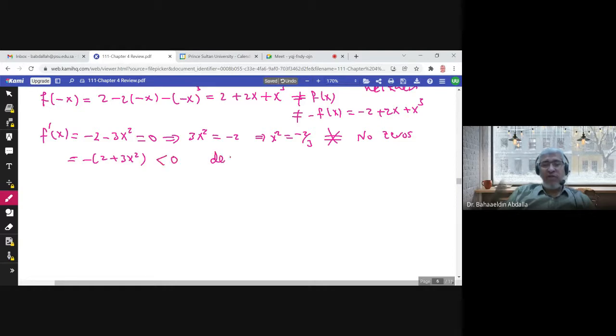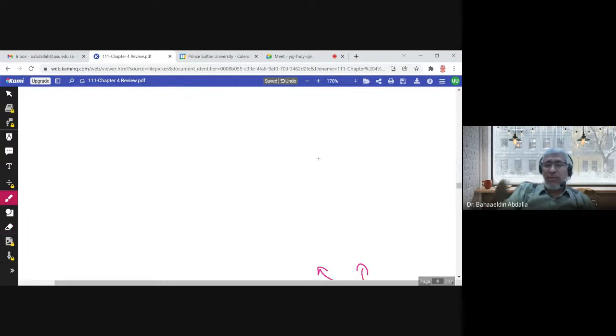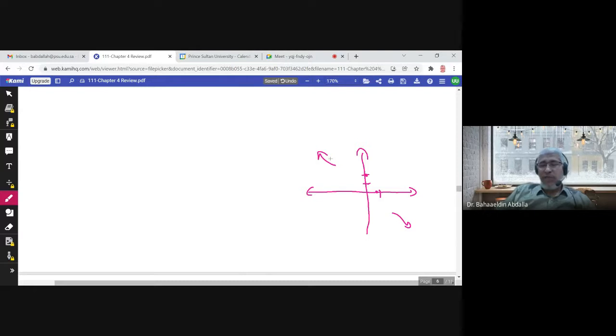So the function is decreasing from negative infinity to infinity. The function is decreasing. So it seems that it goes like this. If the function is decreasing, then it's going like this.